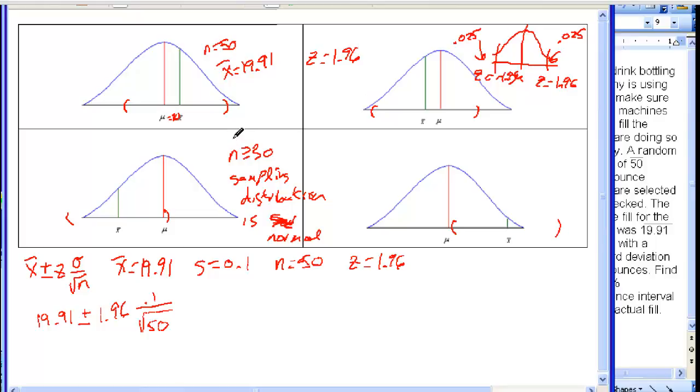So whenever n is at least 30, S is a reliable estimate for sigma. Now we could go through the process of using a calculator to find this, and we'd find our interval endpoints.